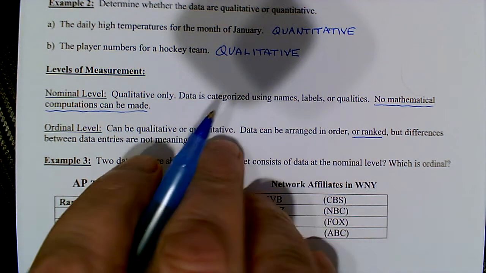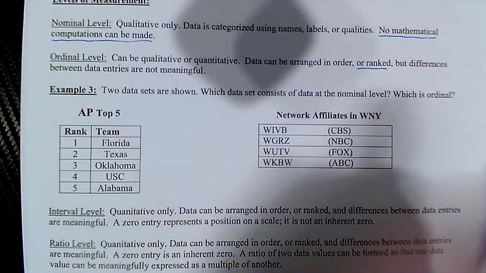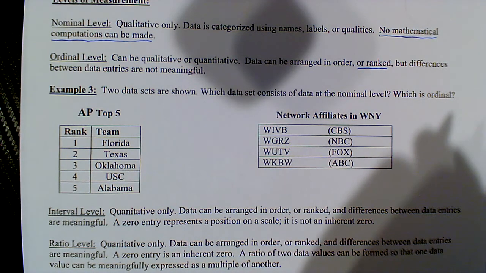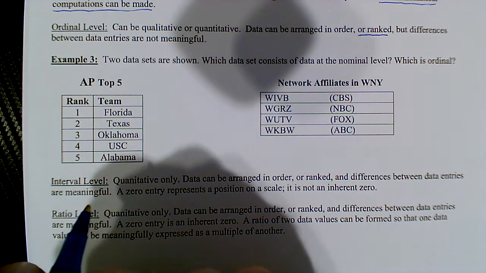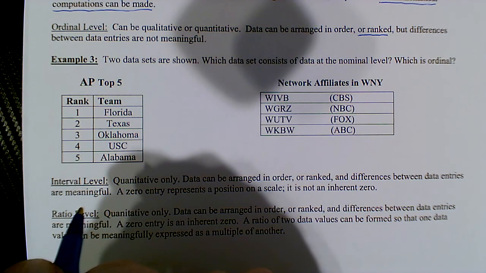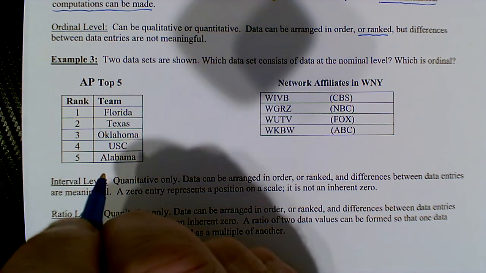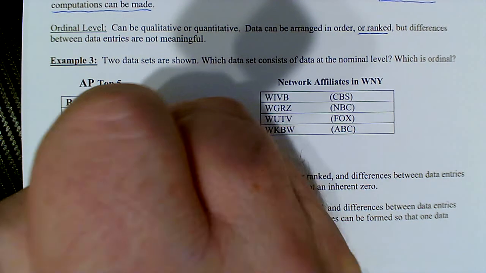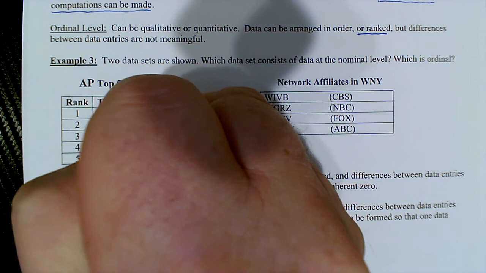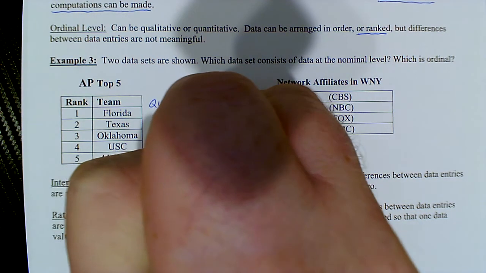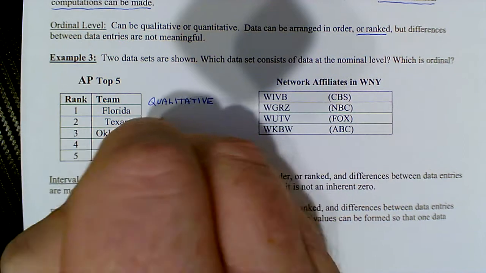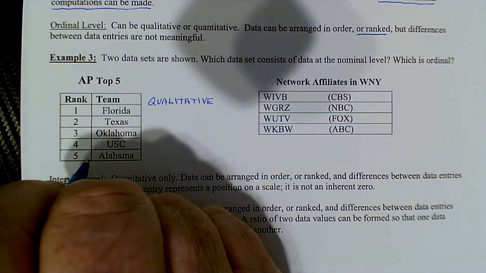So for example, in the AP top 5 football teams here, Associated Press, that's what AP stands for, this would be qualitative data because they're just names of football teams, but they're ranked. They can be ranked.